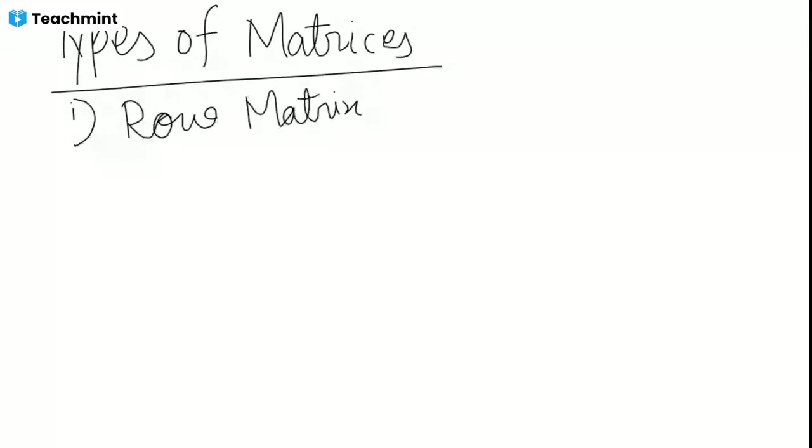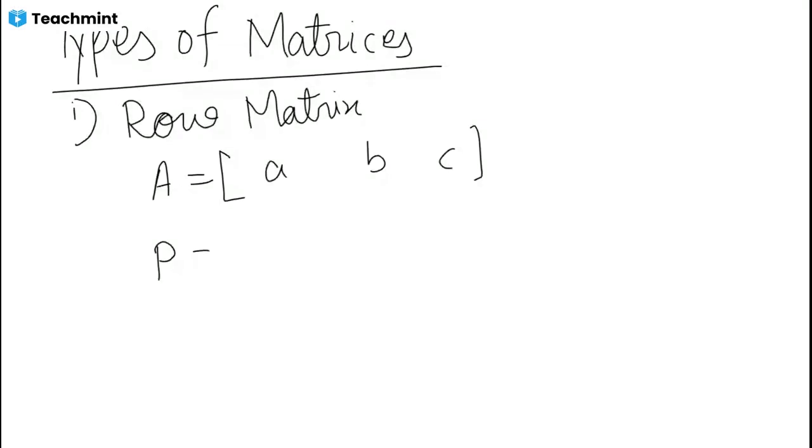In a row matrix, we have only a single row. We can have as many columns as we like, but only a single row. For example, matrix A having one row with elements A, B, C, or another matrix like 2, 7, 9.